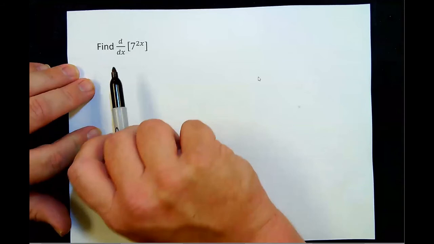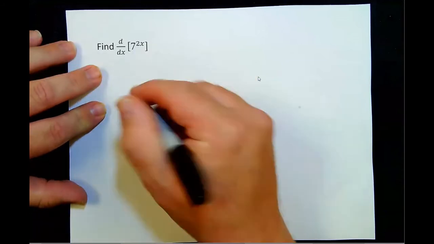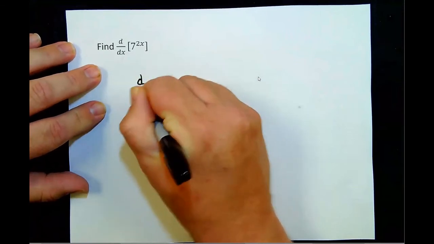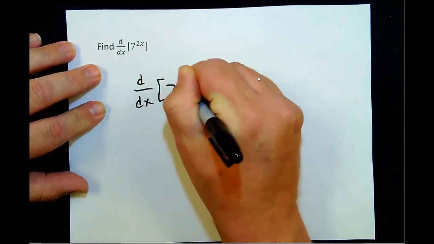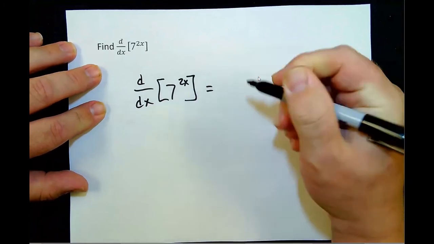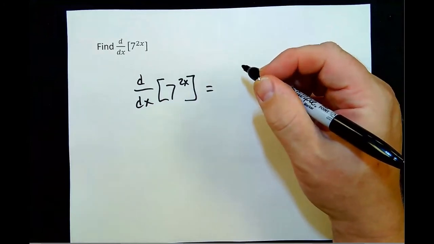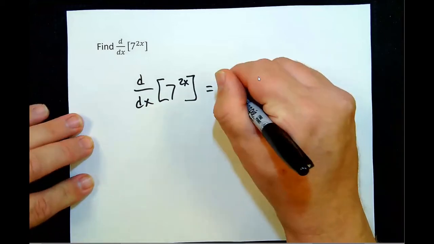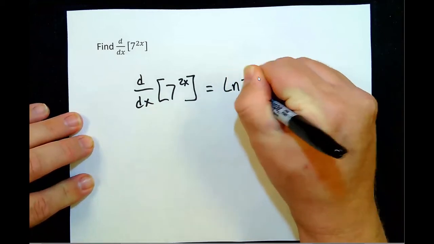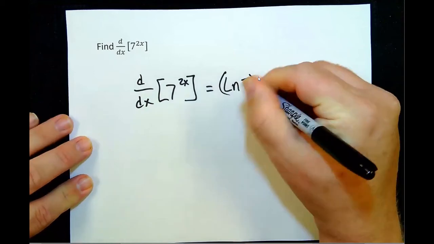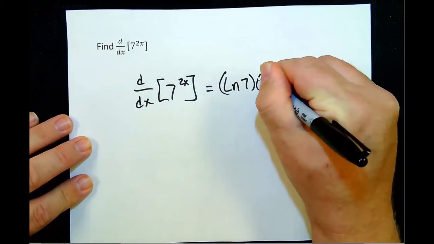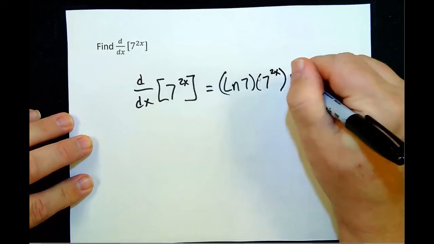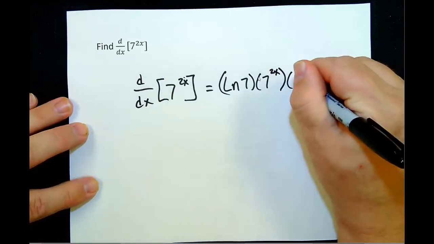All right, so find the derivative of 7 to the 2x. If I want to find d/dx of 7 to the 2x, then I go back to my rules that said that if I have this situation, it's just the natural log of the base times a^u times the derivative of the exponent.